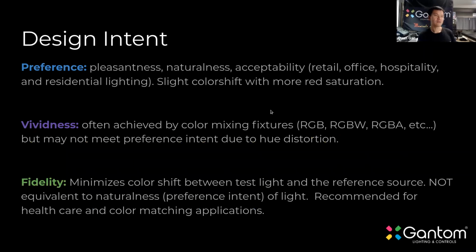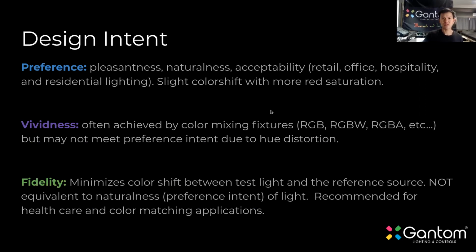So before we get into the nitty-gritty of TM-30, I want to start with the why behind this and the design intent. So as designers, you are going to be looking at these three primary design intent priorities. The first one is preference.